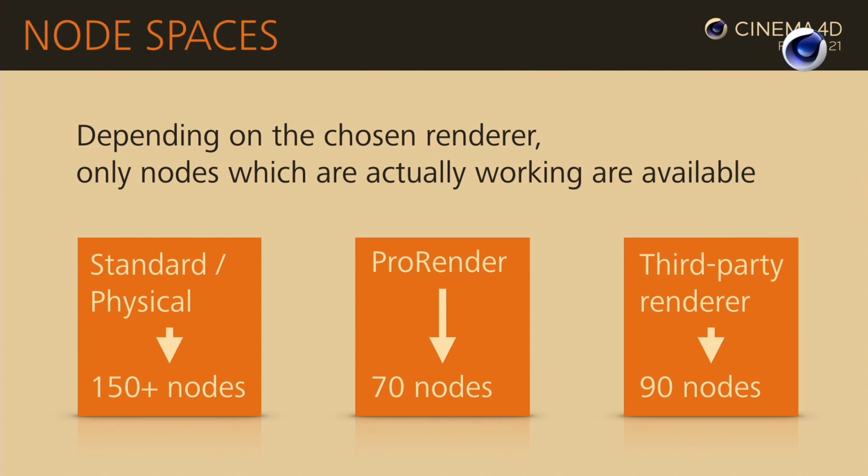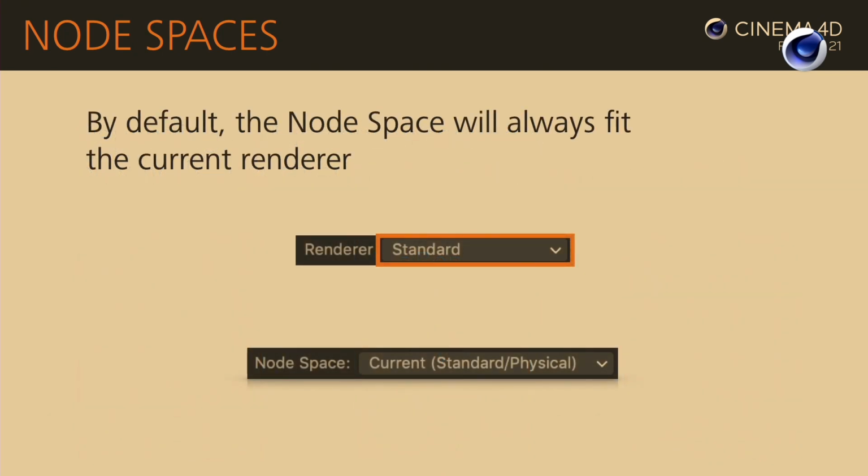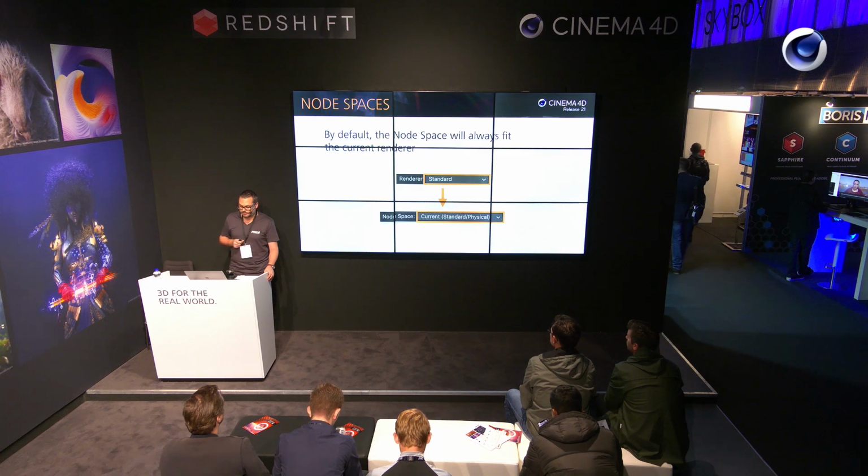The standard and physical renderer have 150 plus nodes, ProRender around 70, and third-party renderer will have 90 nodes. By default, the node space will always fit the current renderer. So if there's standard renderer, then you have the node space of the standard and physical, because they're both the same.